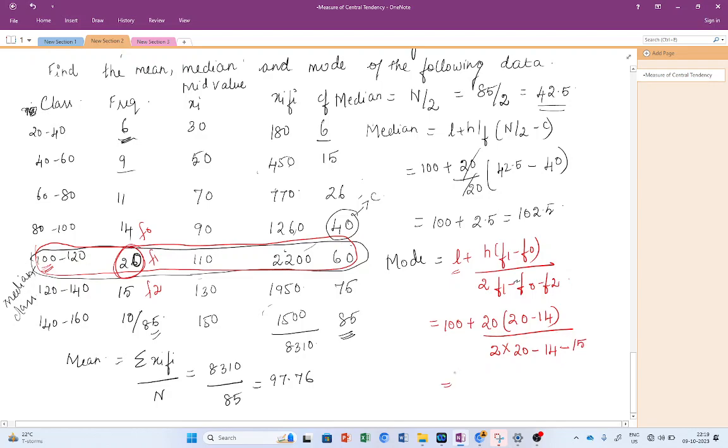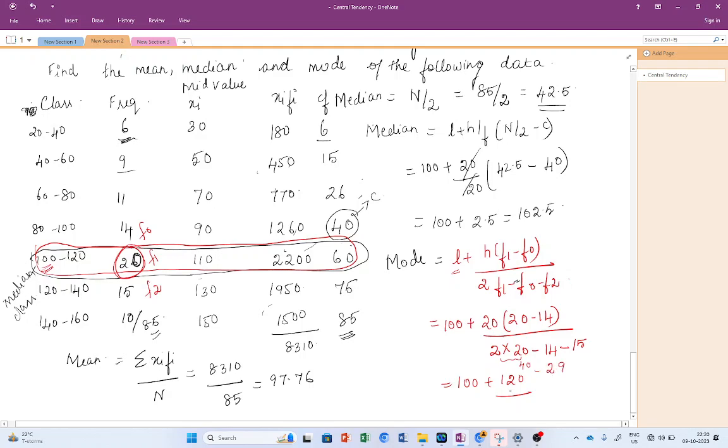Okay, so while you're doing the addition and division, be clear that 100 is a separate term and this is a fraction. So it will be 100 plus, when you solve this, 20 minus 14 is 6, into 20 is 120, and your denominator will be 40 minus 14 minus 15, which is 29.